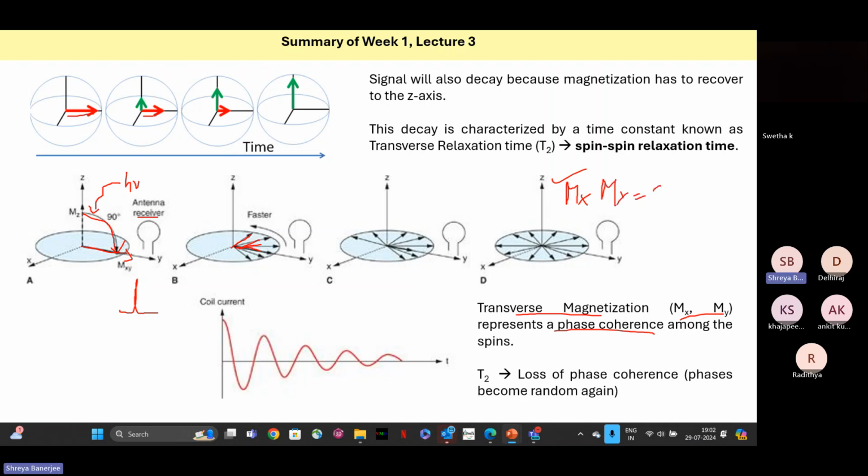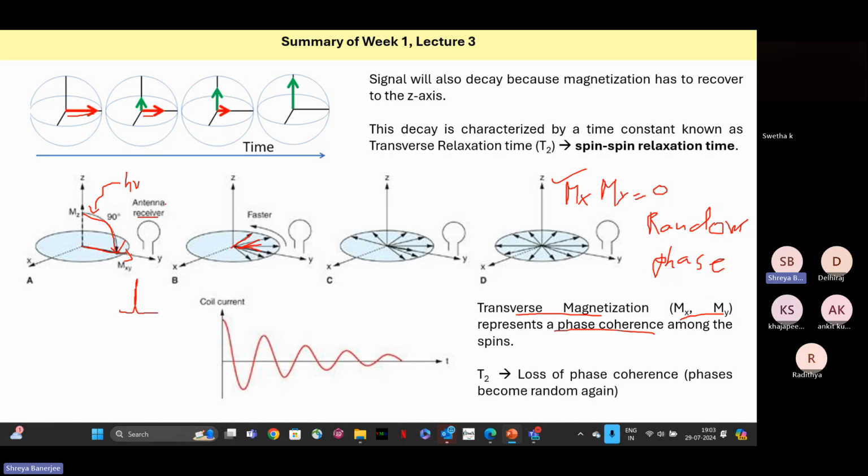So again, it reaches the case of random phase.